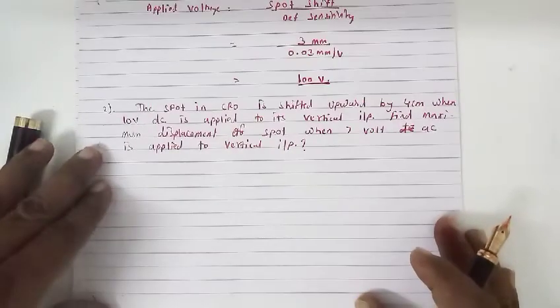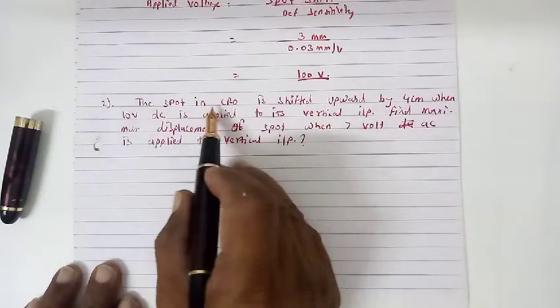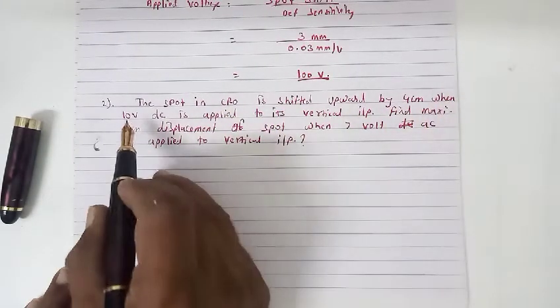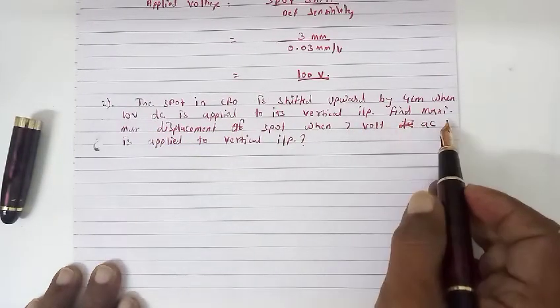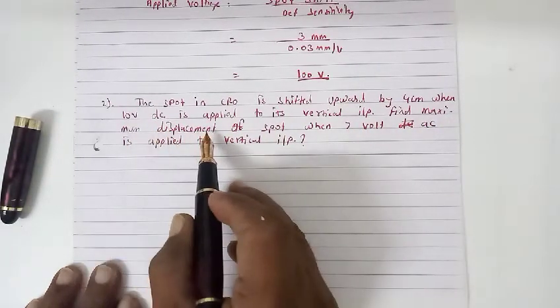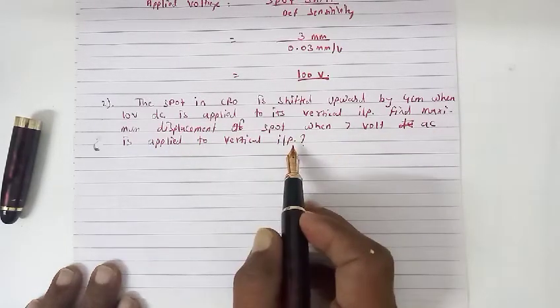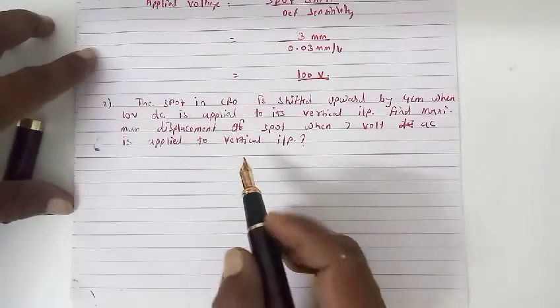Then the second problem. The spot in a CRO is shifted upward by 4 centimeter when 10 volt DC is applied to the vertical input. Find the maximum displacement of the spot when a 7 volt AC is applied to the vertical input. Okay students, so it is given.